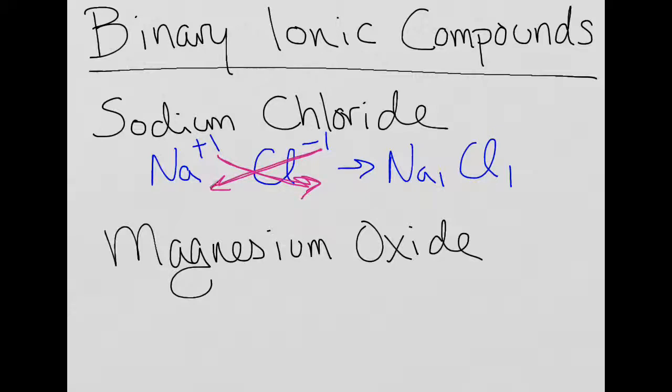The 1 from the chlorine goes to the bottom of the sodium. And if there's a 1, I can just not write it. So at the end I just get NaCl, and that ends up becoming table salt right there.